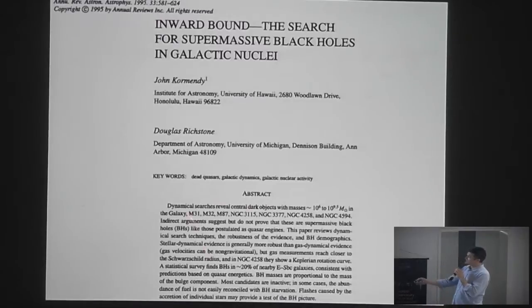Dynamical searches for the nearest objects, and these are all NGC numbers or Messier numbers, come away with black hole masses of the order of 10 to the 6 to 10 to the 9 for these galaxies, and fairly robust estimates of this.